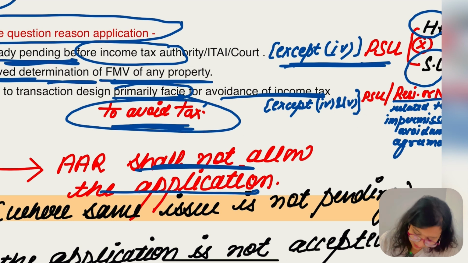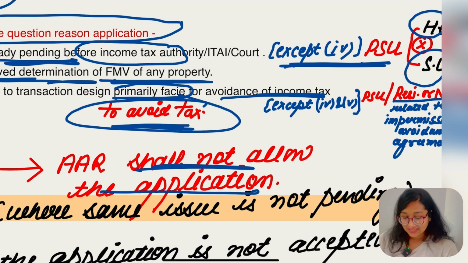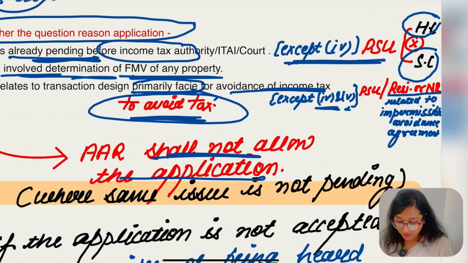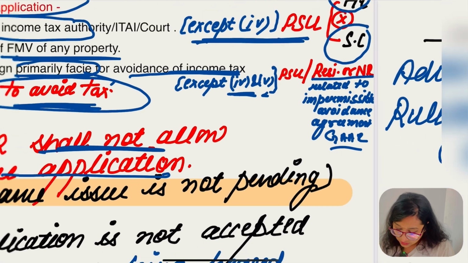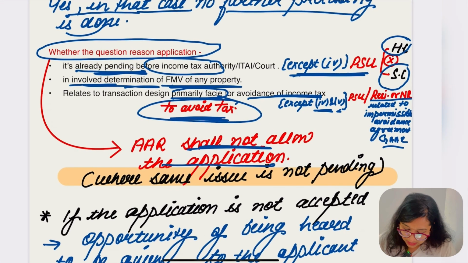But there is again an exception here, which is for point 4 and point 5. Point 4 was PSU, right? Point 5 was resident and non-resident for that GAAR point, which is related to impermissible avoidance agreement, which is GAAR. Is it clear?